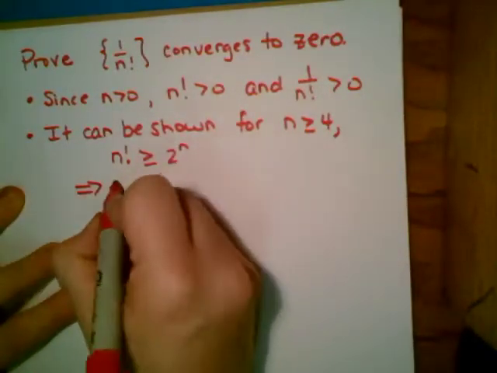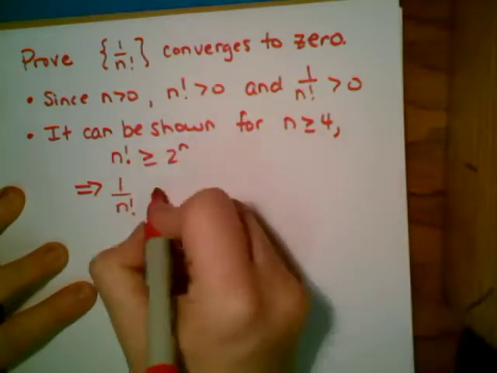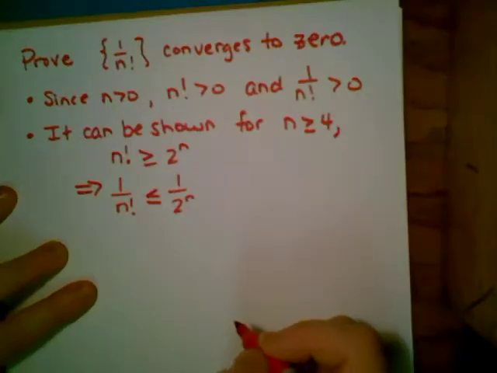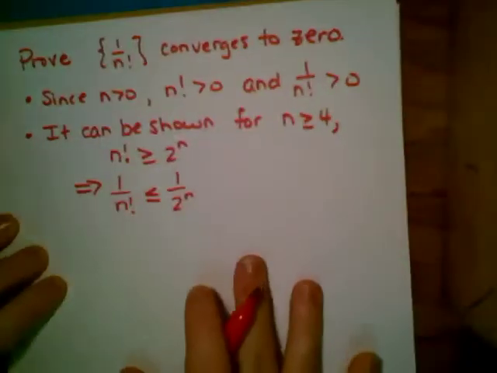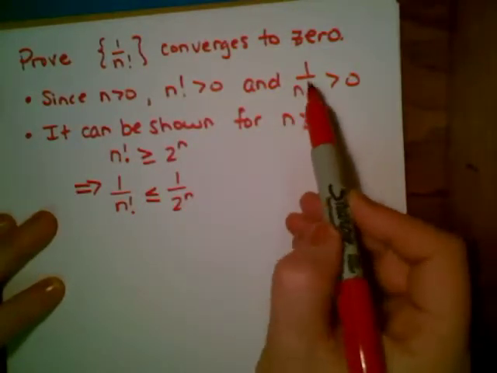Well, that implies that the reciprocal of n factorial is less than or equal to the reciprocal of 2 to the n.